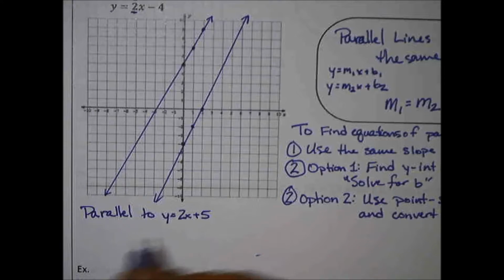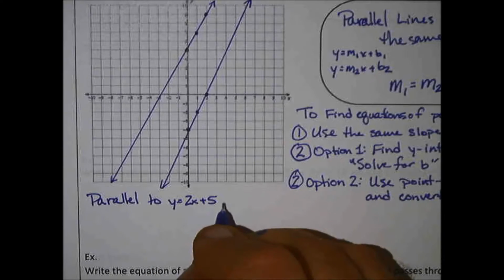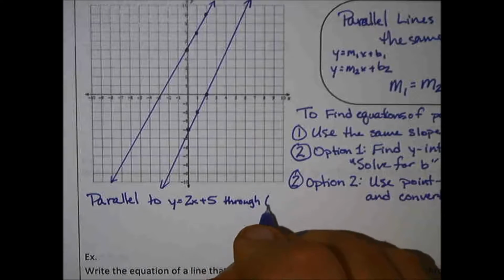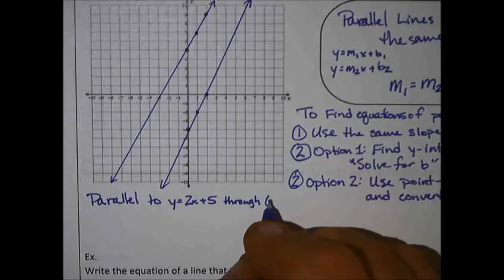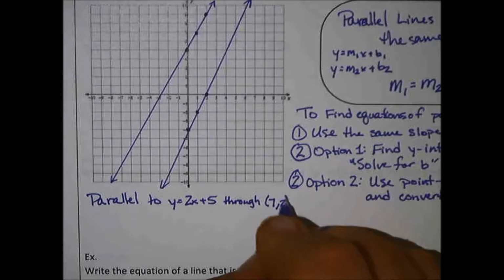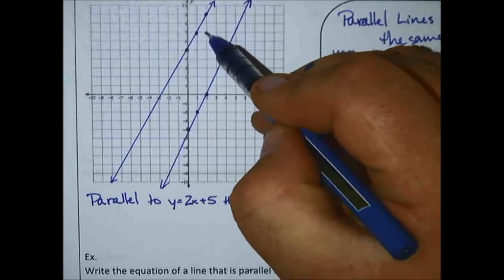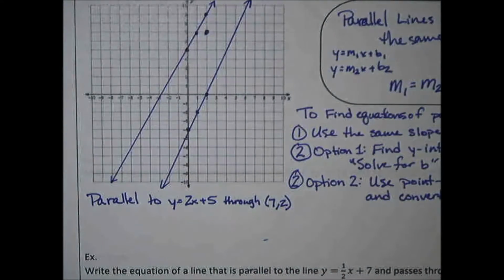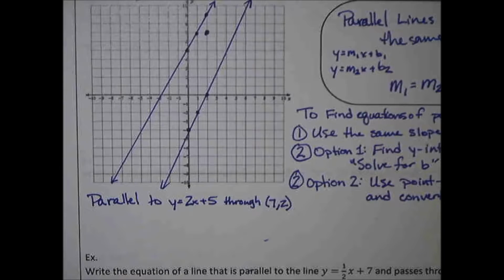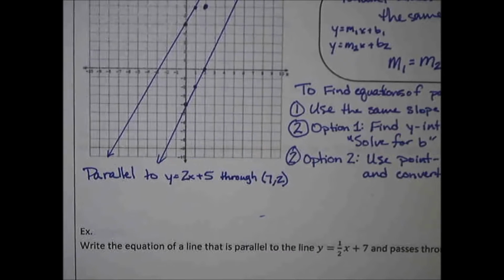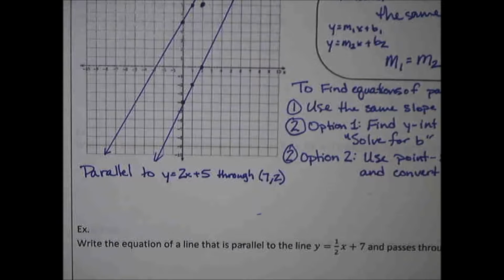And it's going to be through the point 7, 2. I don't think that's actually on any of these. No, 7, 2 is right here. Okay. Now, I want to find the equation of a line that's parallel to these two lines and goes through the point 7, 2. So my slope is going to be the same. It's going to be 2.